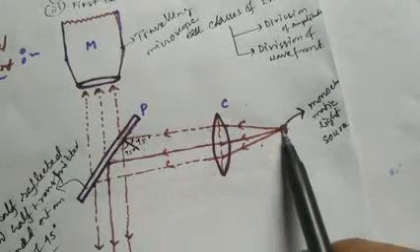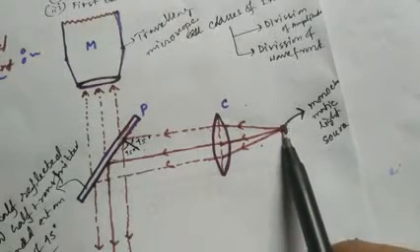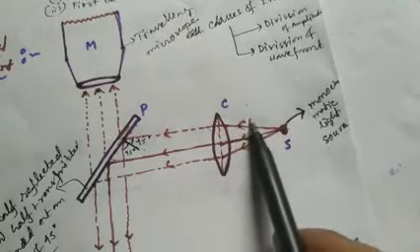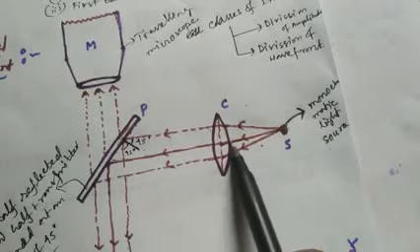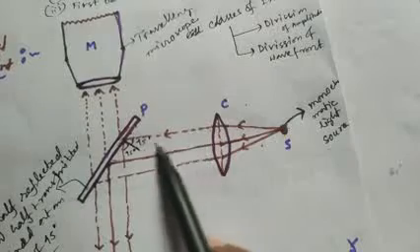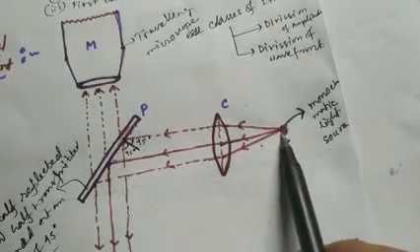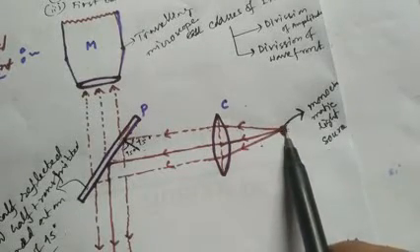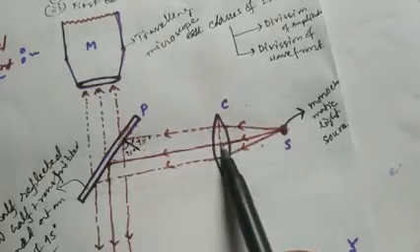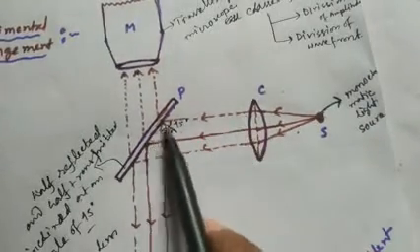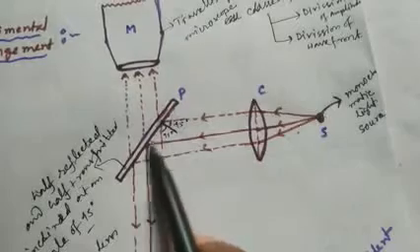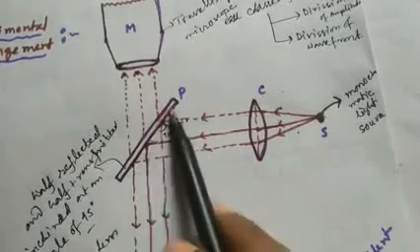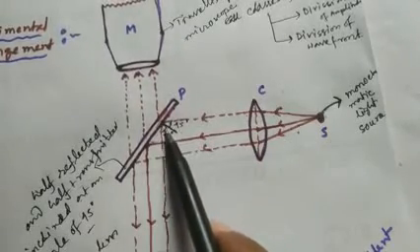Why at the focal plane? Because divergent rays are made parallel only if the source is placed at the focus of the lens. Now, the parallel rays are incident on the glass plate at 45 degrees.